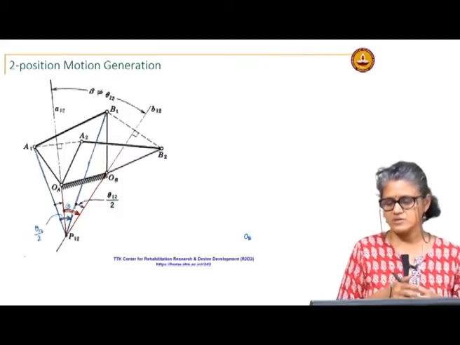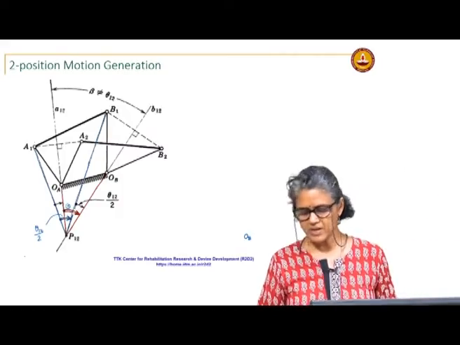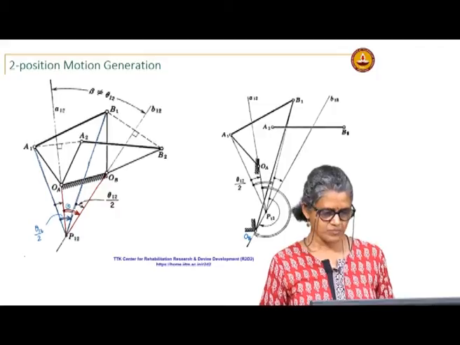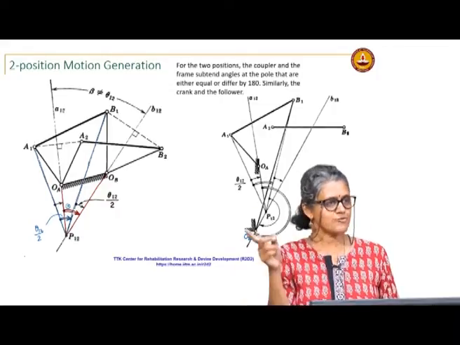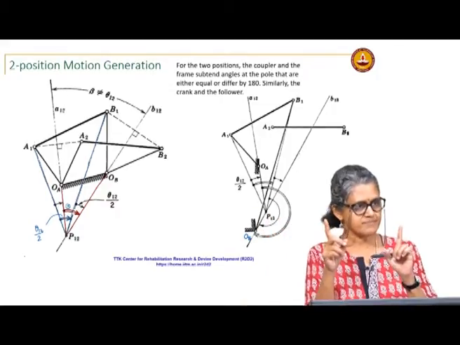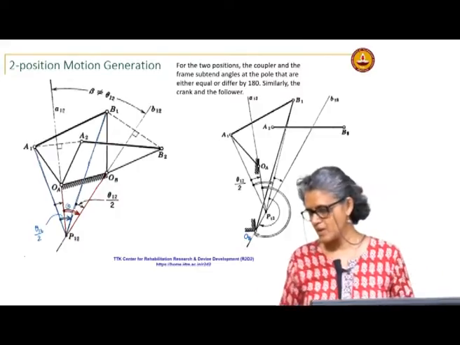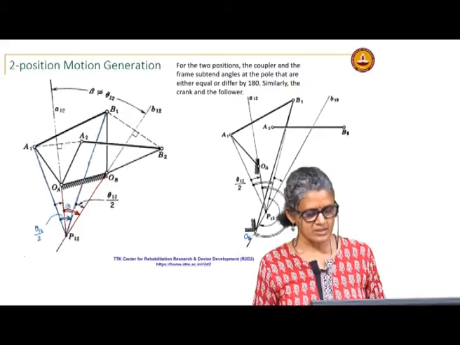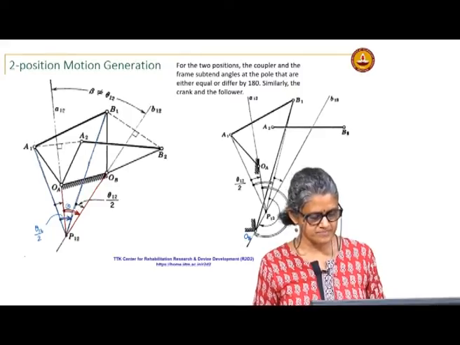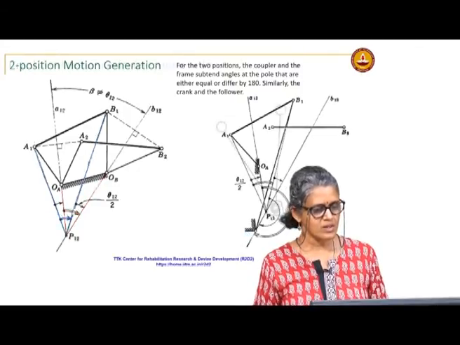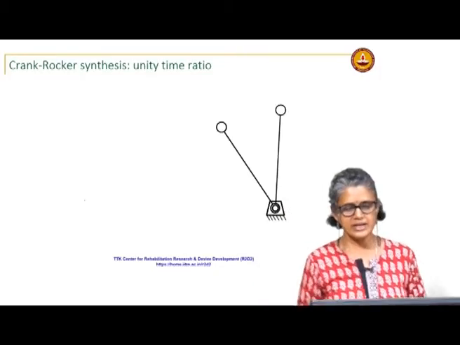Okay. So coupler and frame, crank and follower, opposite links, they subtend equal angles at the pole or angles that differ by 180 degrees. We will come back to that later.